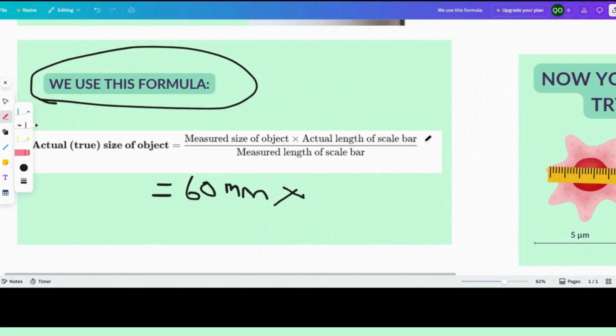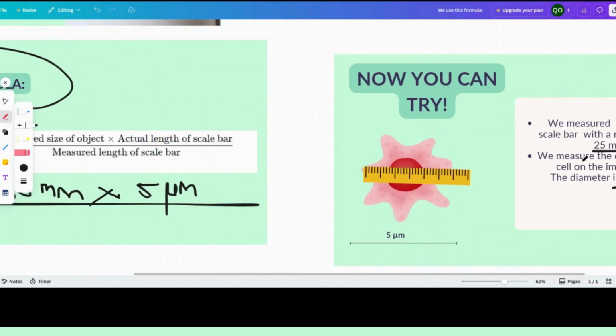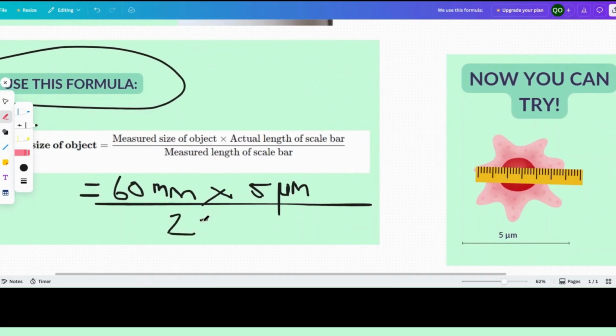The actual length of the scale bar was 5 micrometers, and the measured length of the scale bar was 25 millimeters. So easy.